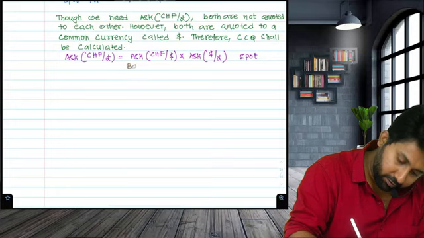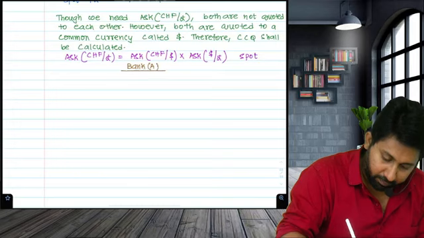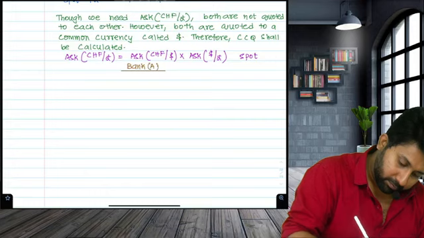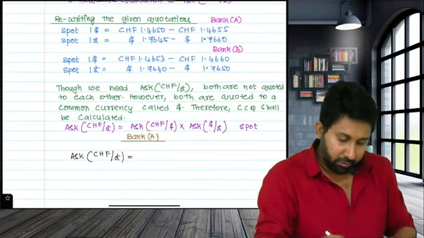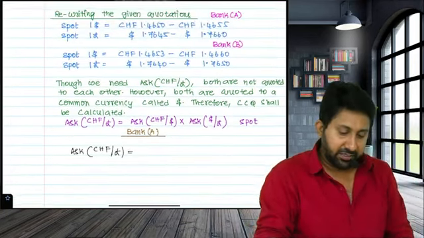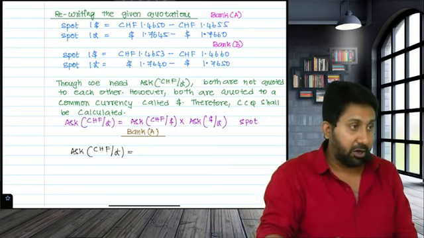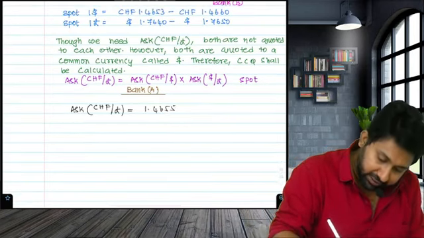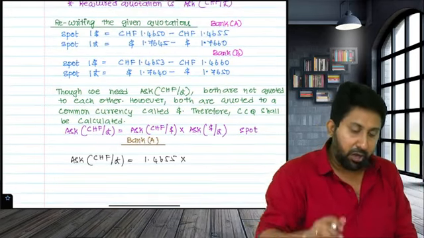First write down bank A, pound equal to, tell me, what is the ask of bank A CHF by dollar? Ask of CHF by dollar is 1.4655 into ask of dollar by pound.